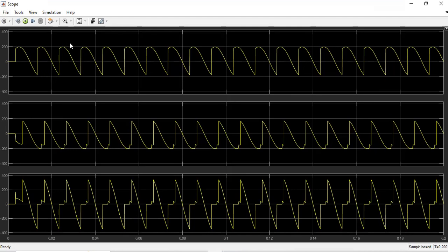Since the converter 1 firing angle is chosen as 60 degree, converter 1 is now operating as the rectifier, and this is the output voltage of the second converter, which is acting as the inverter, because we have taken the firing angle of converter 2 as 120 degree. And the reactor voltage is nothing but the difference between V01 and V02. So the reactor voltage is coming like this.